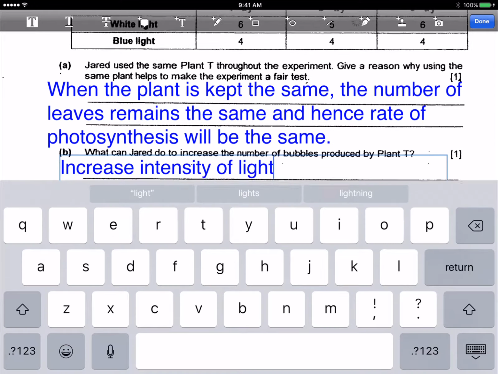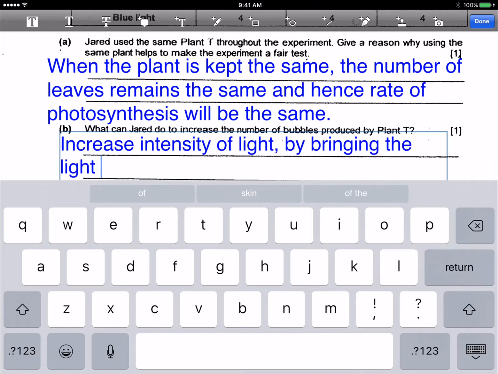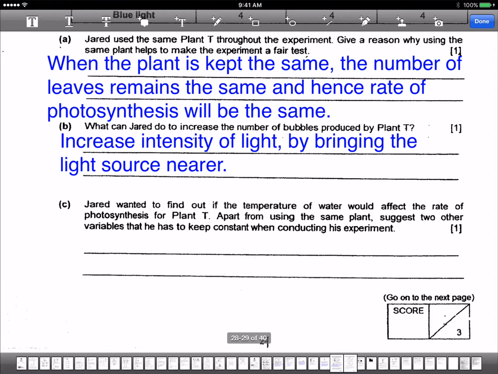You can increase the intensity of light by bringing the light source nearer. This will increase the rate of photosynthesis, and therefore the number of bubbles will increase.